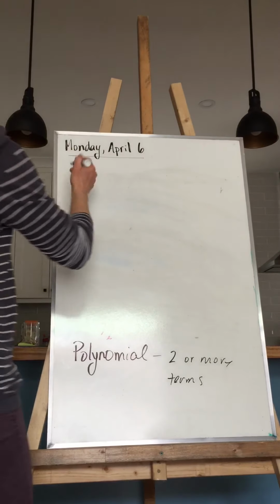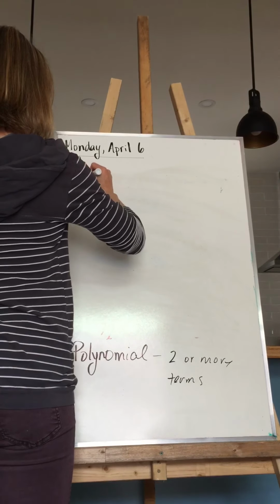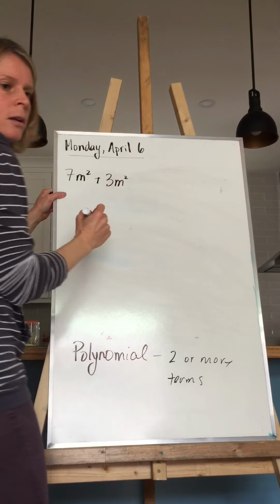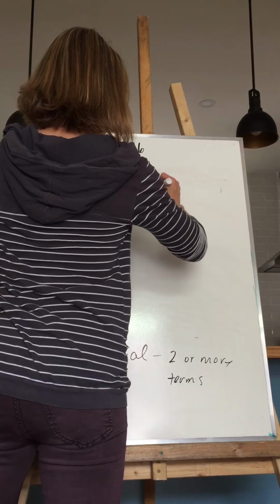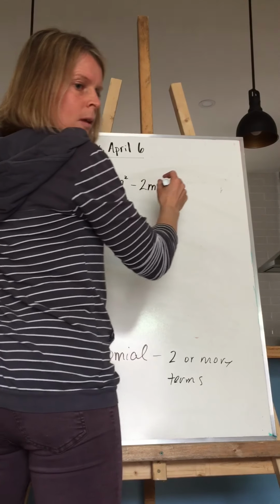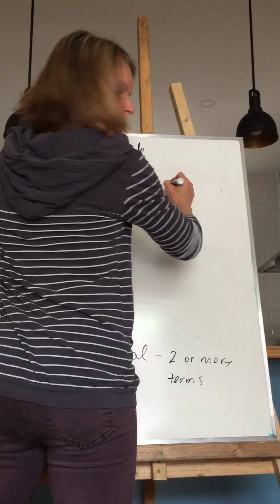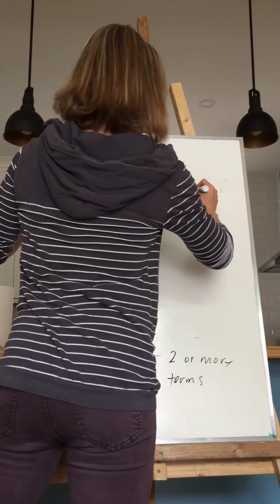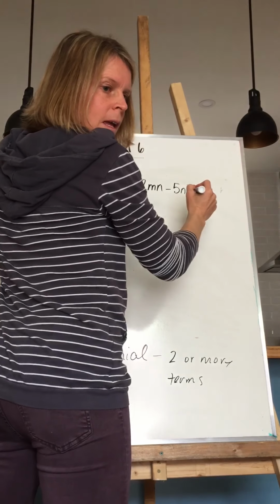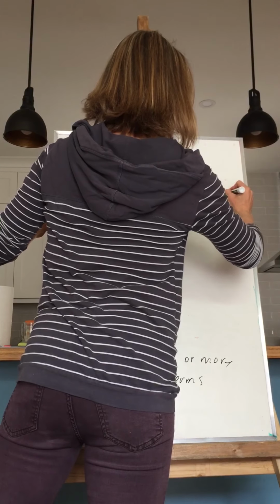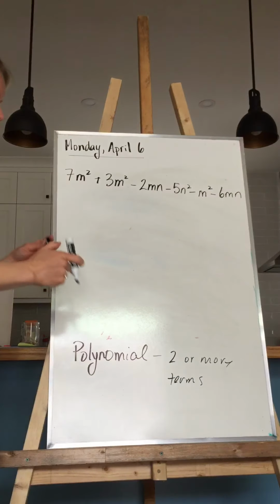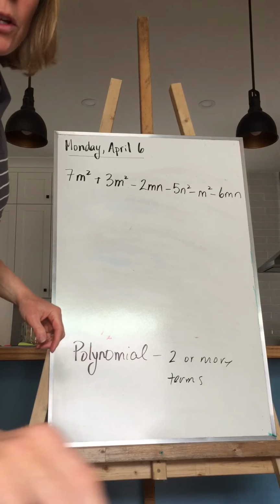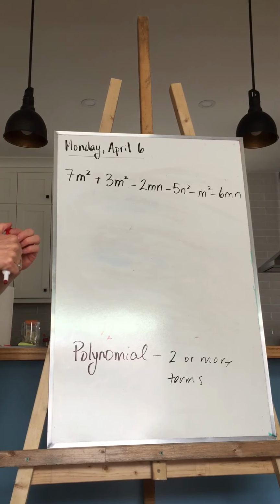So the question is 7m squared plus 3m squared minus 2mn, minus 5n squared minus m squared and minus 6mn. Okay, looks complicated. Give it a shot, pause the video, and I'm going to put the solution up.